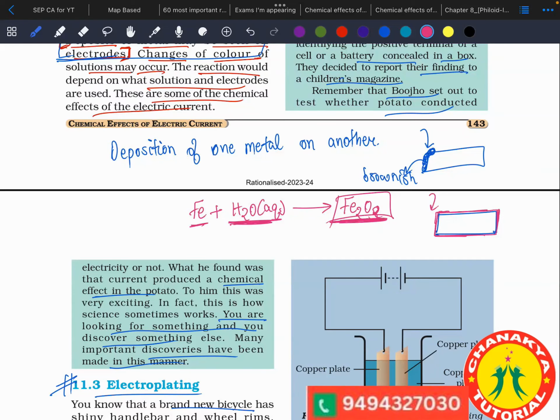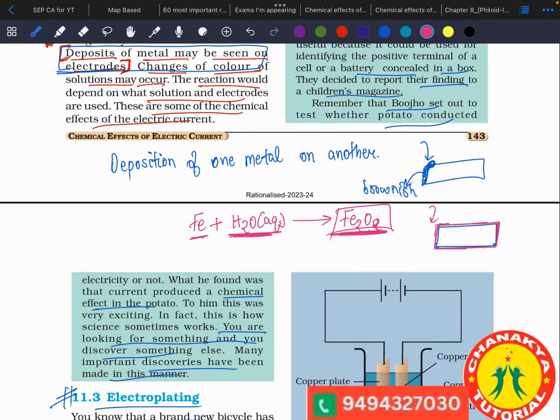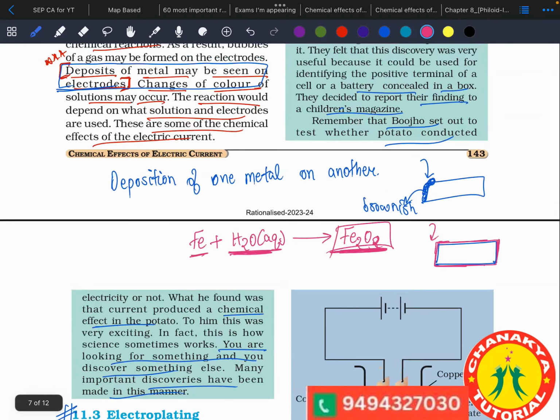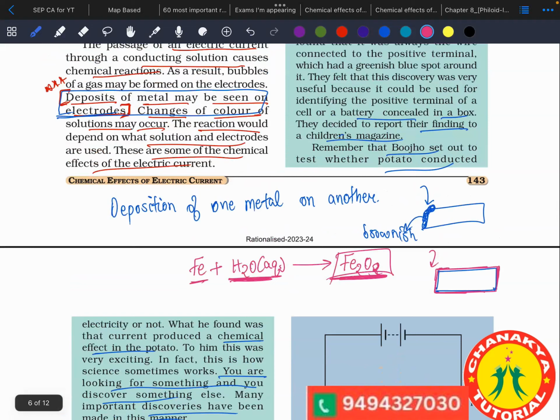Do you agree with me that this is a chemical change? Can you tell me what a chemical change is? When new substances are formed. Very good. So earlier it was iron only, but now it is iron plus some oxygen.